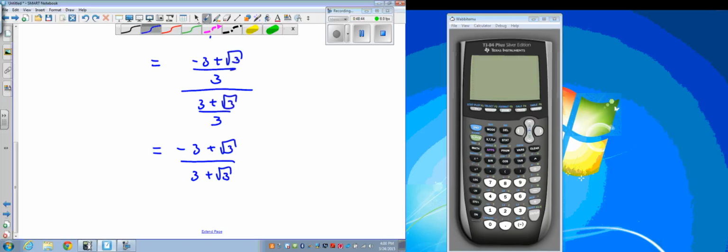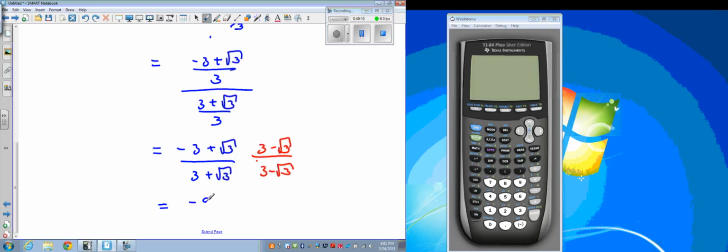So now what do we do to rationalize that denominator? 3 minus the square root of 3, right? Now that numerator, we're going to FOIL it. Negative 3 times 3 is a negative 9. Outside terms plus 3 square root of 3.